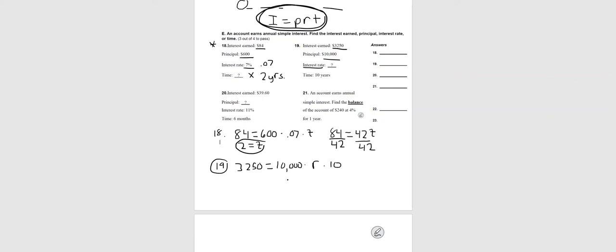Now to solve this equation, we would do 10,000 times 10, and that gives us 100,000 times R equal to 3250. Then to solve for the R, we have to divide by 100,000 on both sides.